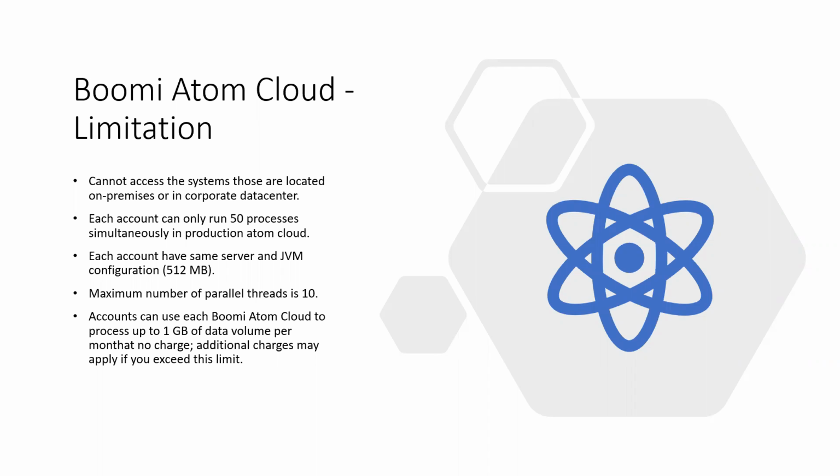We will discuss in the next slide what we have to do if you want to connect with resources behind the firewall. There are multiple options. You can use the local atom, the molecule, or a private atom cloud. These are the three options. Or a fourth option, you can go with a hybrid approach.